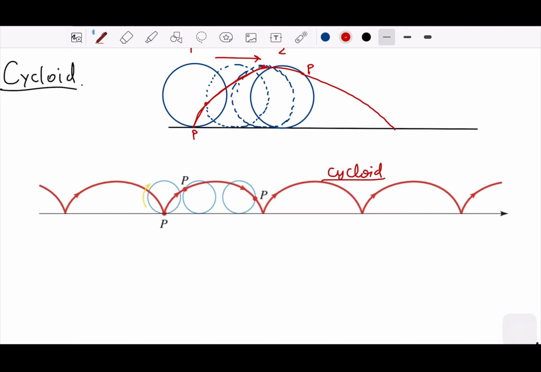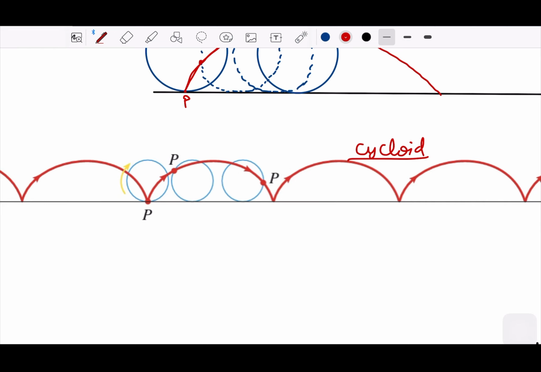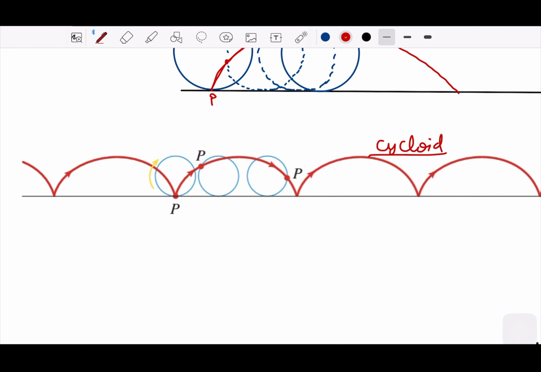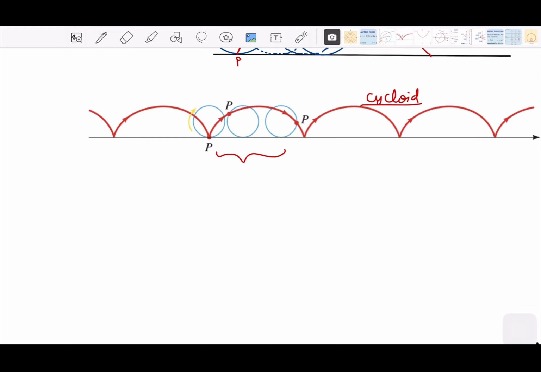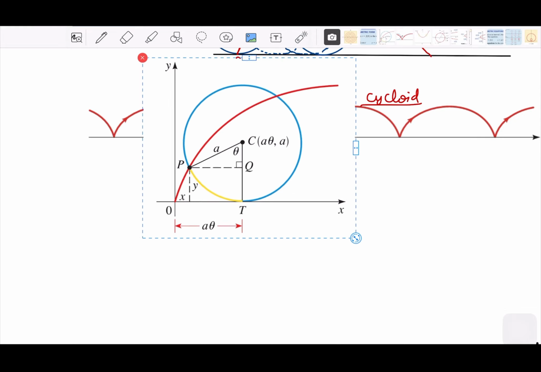Now to make things interesting, what does this cycloid mean in terms of the parameter, or parametric? If we take some part of this movement of the circle, we can break it down in a more detailed view.